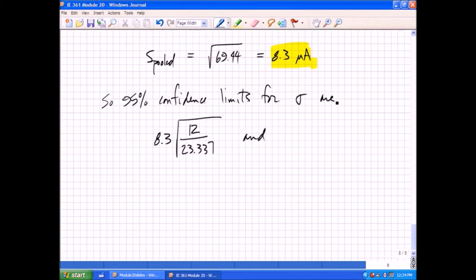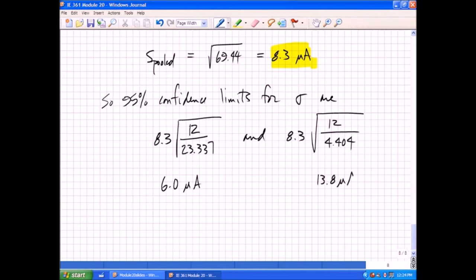And if I take 8.3 and I multiply by the square root of 12 over a lower chi-square value, that's 4.404. That's the lower 2.5% point of the chi-square 12 distribution. This is around 6.0. The units are microamps. This is about 13.8.